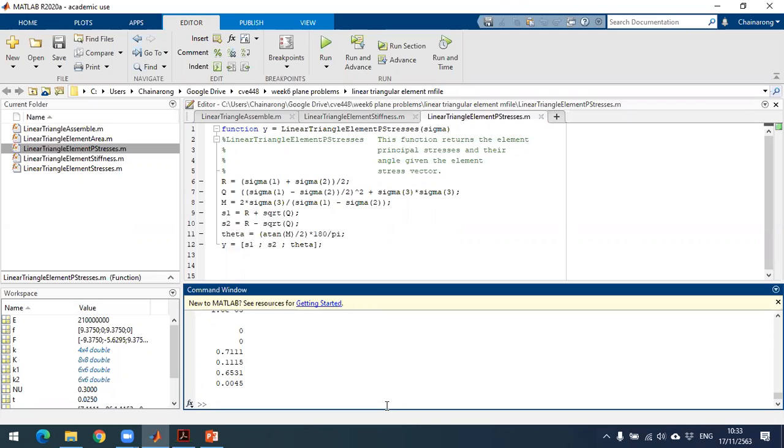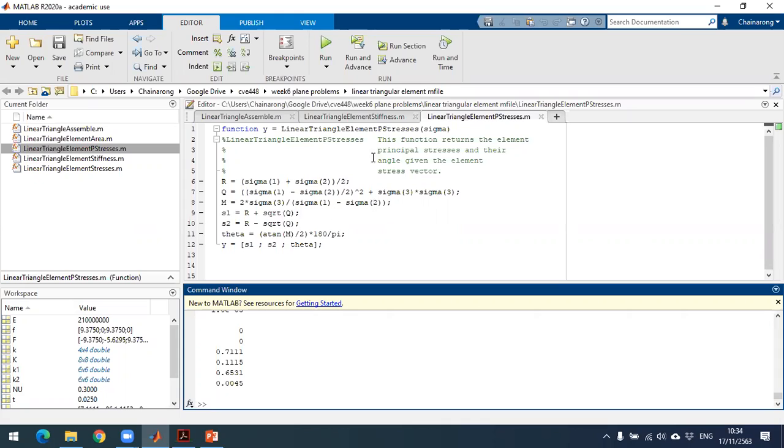Then we will solve for the stress. If we consider the code, this code is determined for the principal stress.